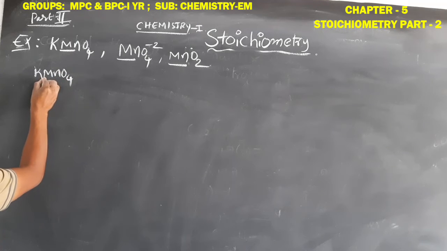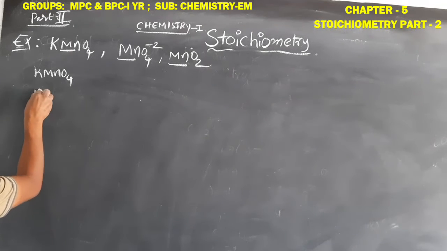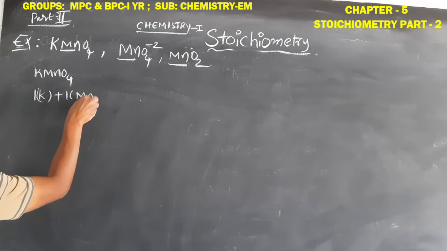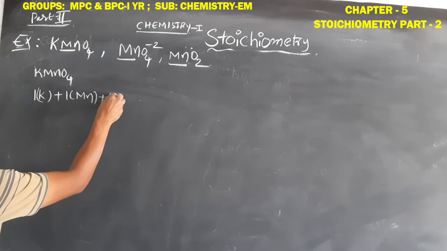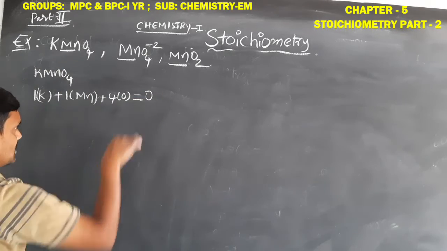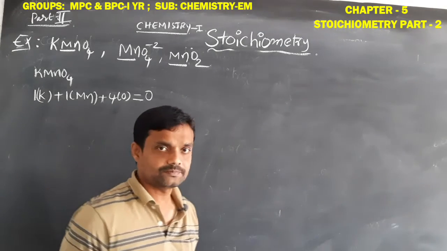KMnO4. The element whose oxidation number we find is manganese. So first 1 potassium plus 1 manganese plus 4 oxygen equals 0, because here there is no charge. Potassium belongs to which group in the periodic table?